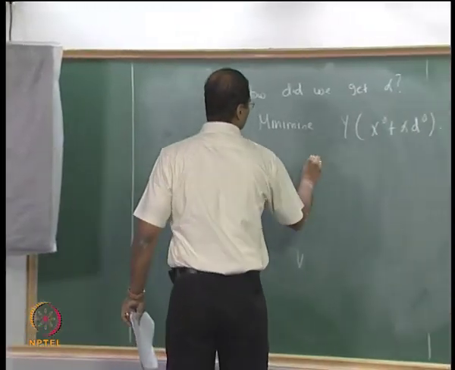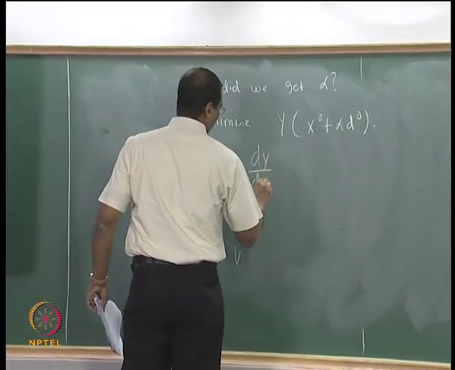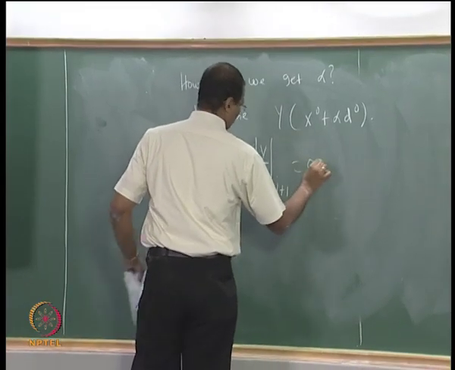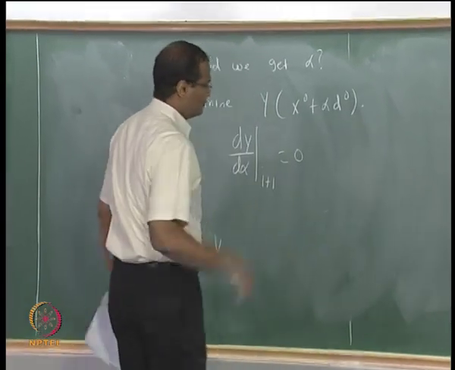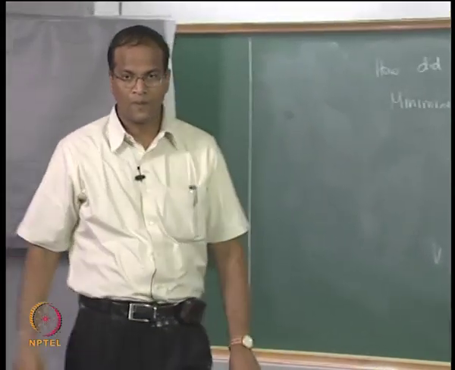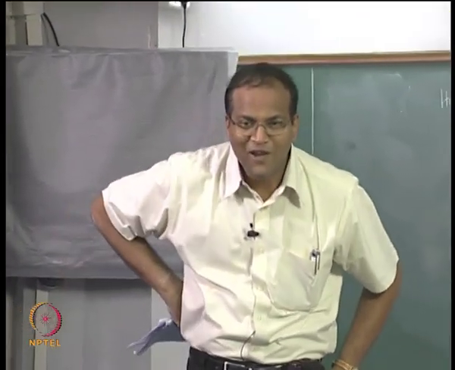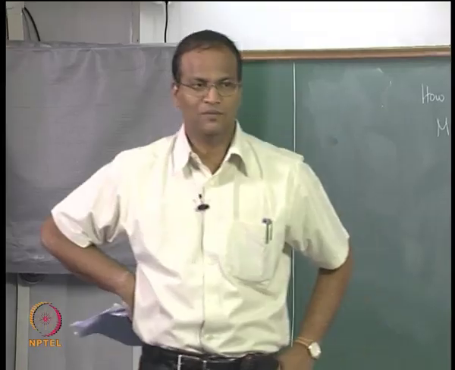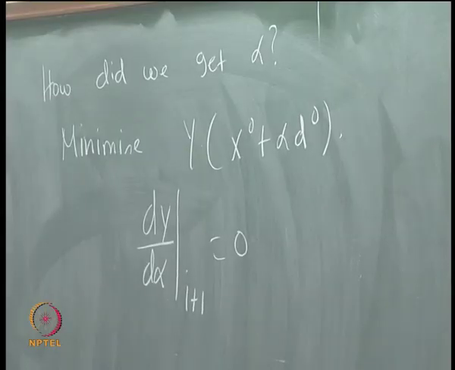So we are trying to set dy by d alpha at i plus 1 equal to 0. dy by d alpha at i plus 1 equals dou y by dou x at i plus 1 into dou x by dou alpha, one is a capital X, one is a small x.